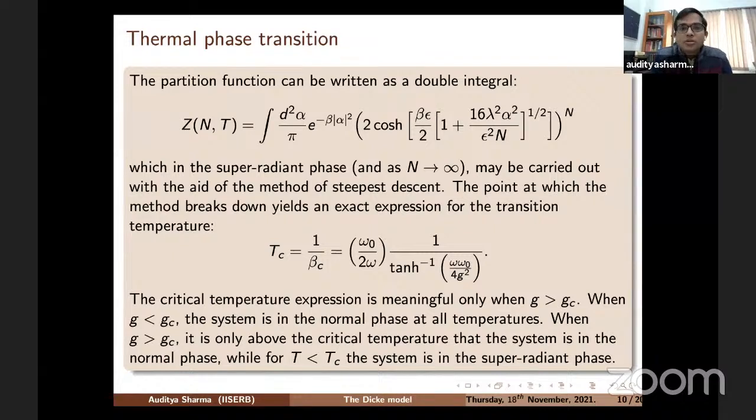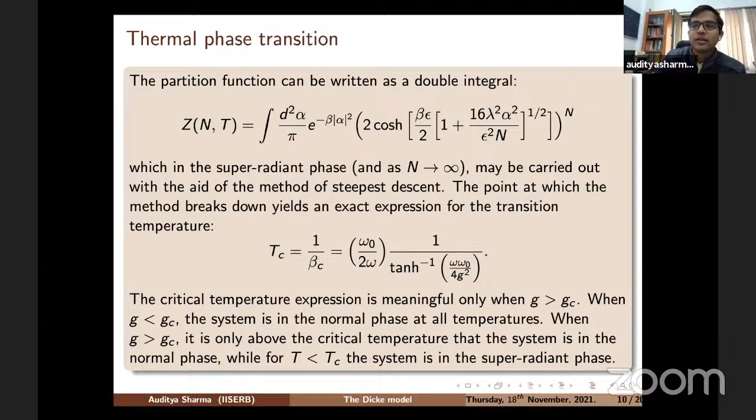You can actually work out this double integral using the method of steepest descent. And you can argue that there is a temperature at which this method will break down, and that temperature signals the transition temperature. If your temperature is beyond this TC in the superradiant phase, you're going to get back the normal phase, right?